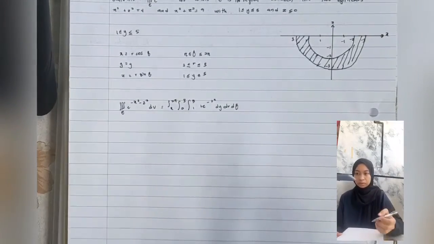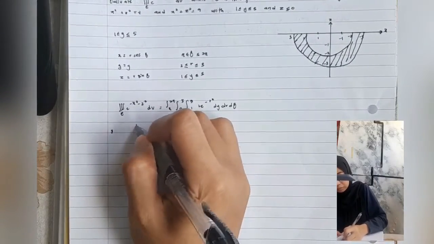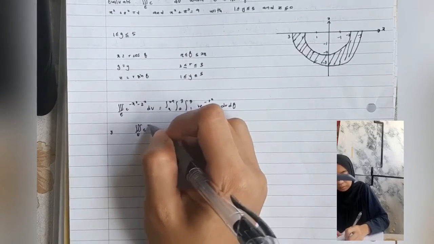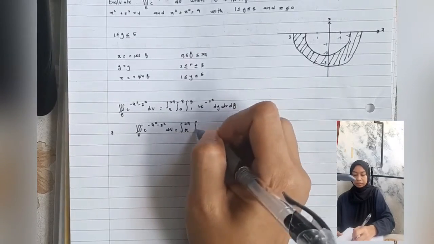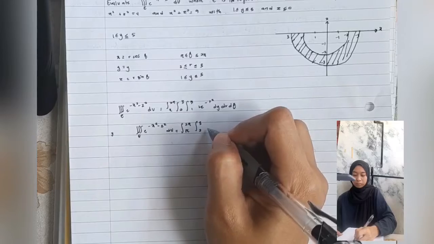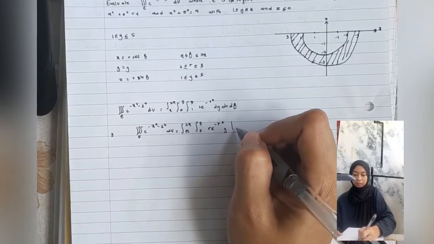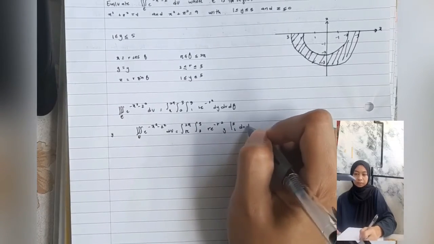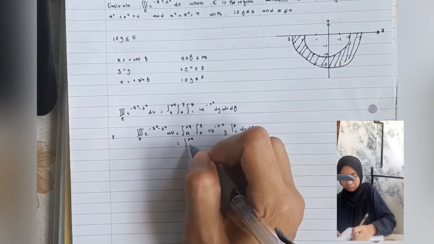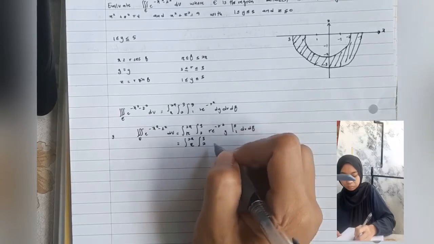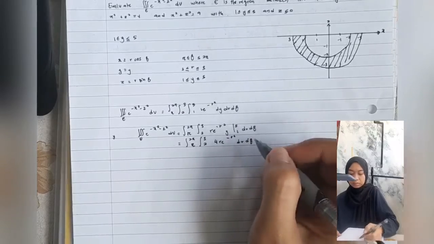We need to evaluate the y integration first. So for the y integral, we have r e negative r squared times y, from 1 until 5, dr d theta. When we solve, we will get the integral of 4 r e negative r squared dr d theta. This is for the y integration.